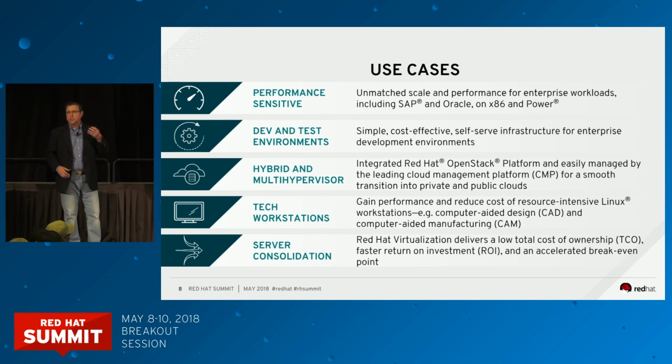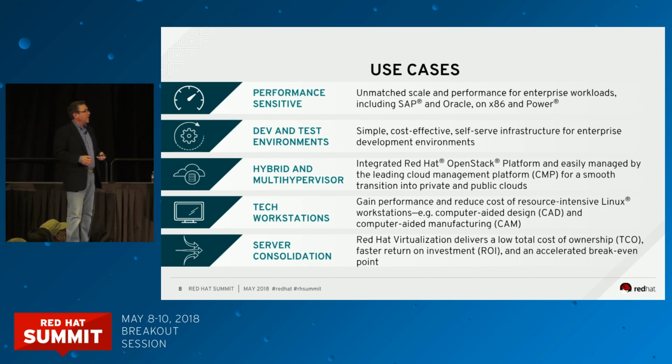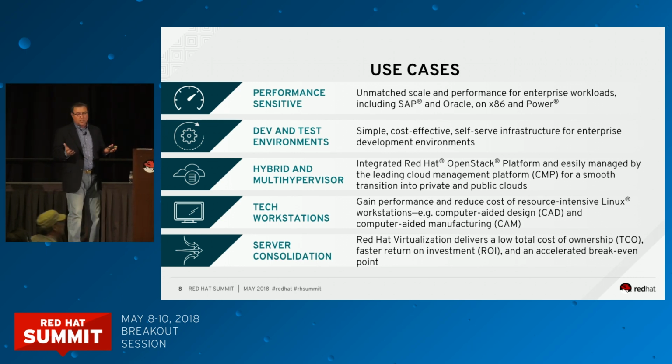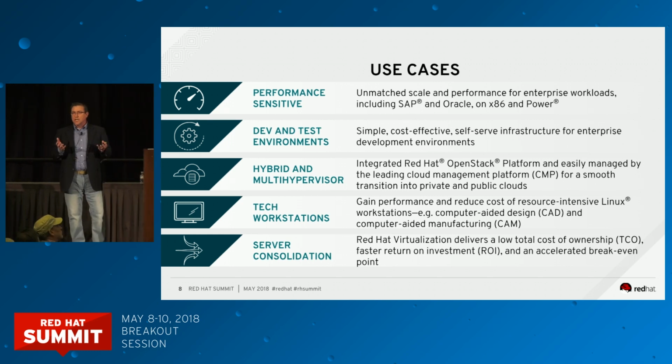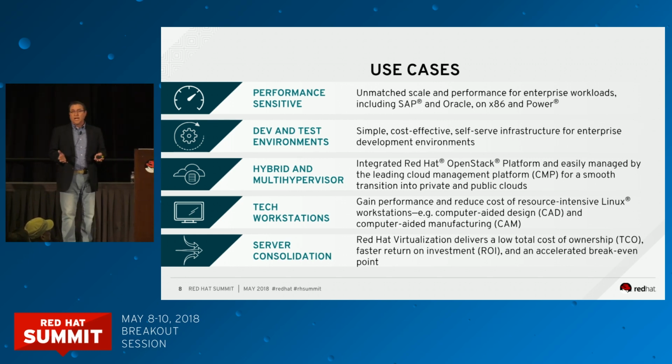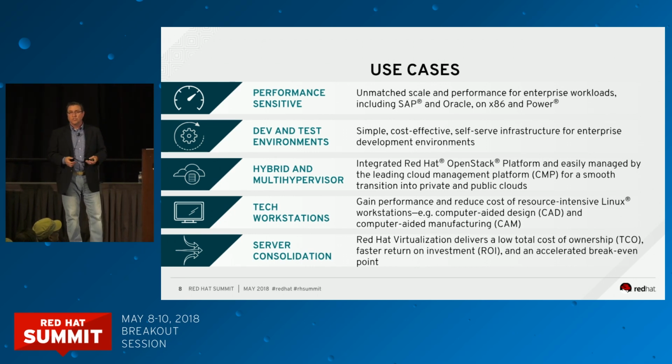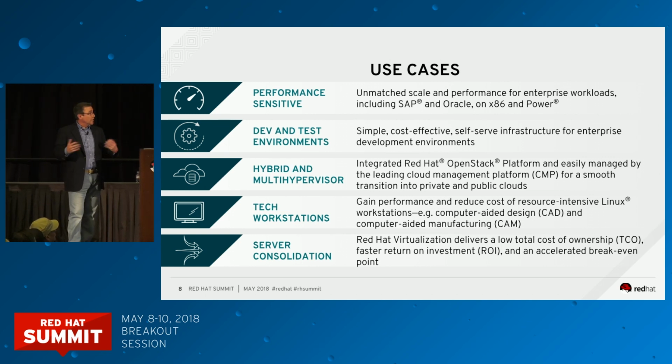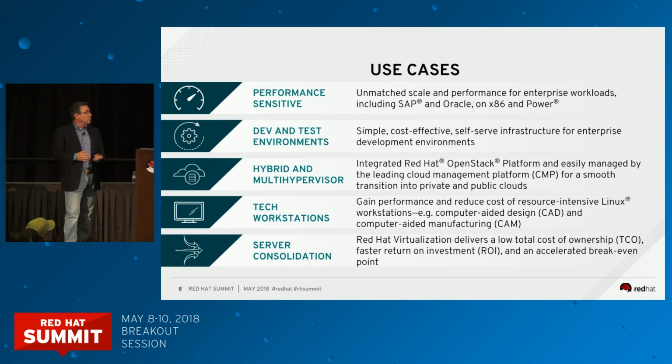The benchmarks between virtualized Oracle or virtualized SAP or you name it application and bare metal is very, very close. Dev and test environments, a development team can stand up and burn down VMs very quickly. For hybrid and multi-hypervisor, Rev supports a multitude of VMware, Hyper-V, and KVM. So if you have heterogeneous environments, which most do, Rev is a very good tool for that.